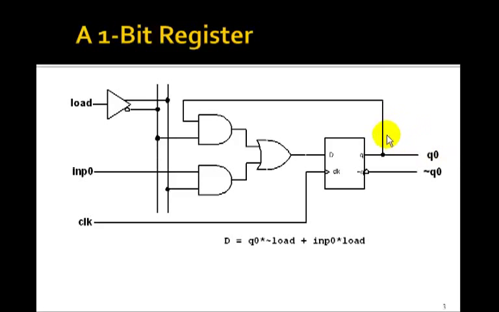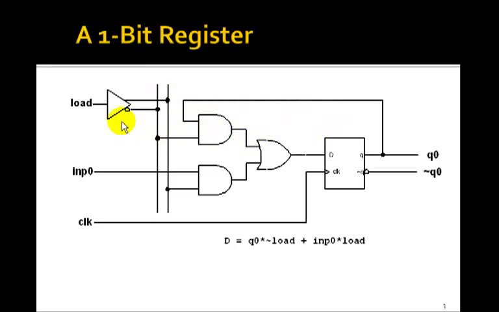So how does it work? Well, the idea is that we bring Q0 and we feed it back through this AND gate, and we AND it with not load. So when load is 0, not load is 1. If not load is 1, the input to this AND gate would be 1, which means that Q0 gets through.